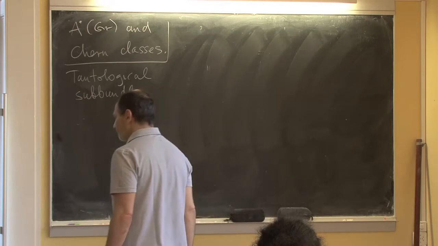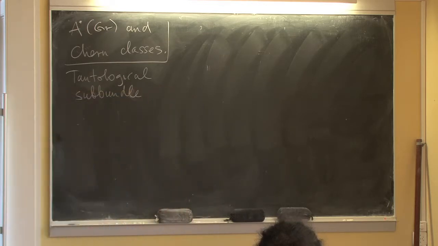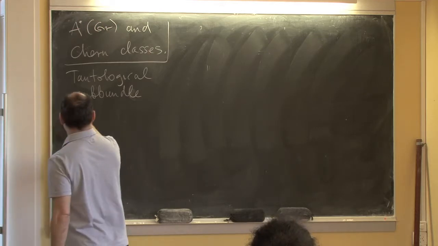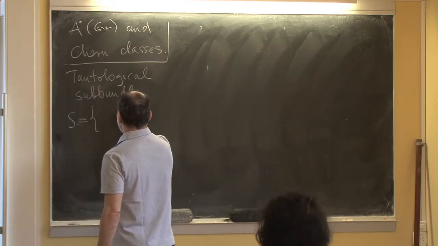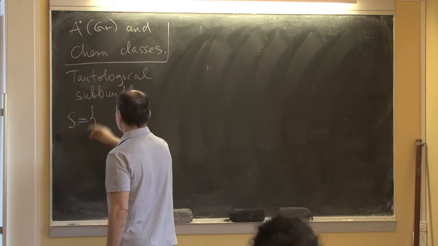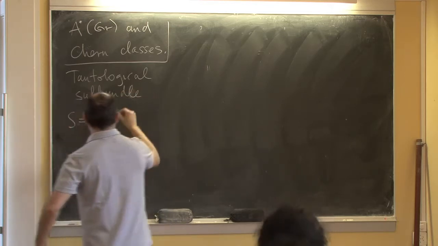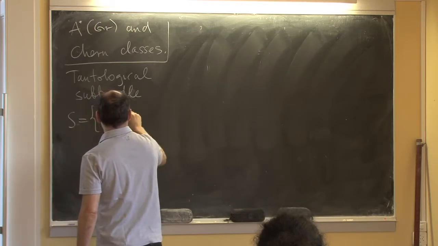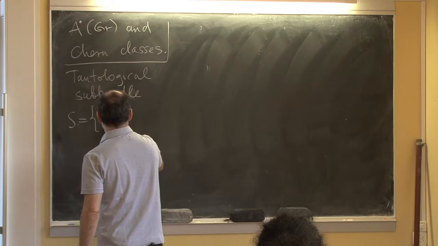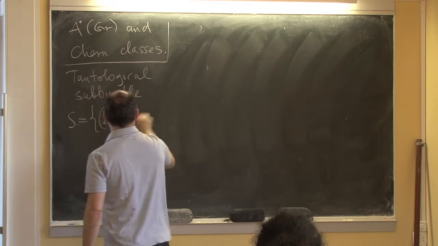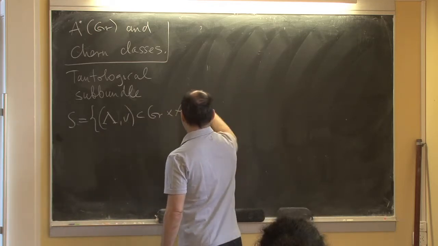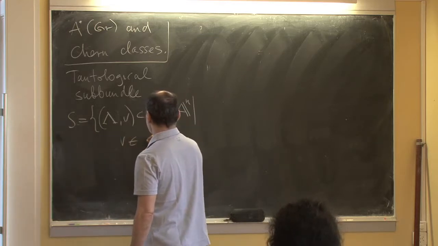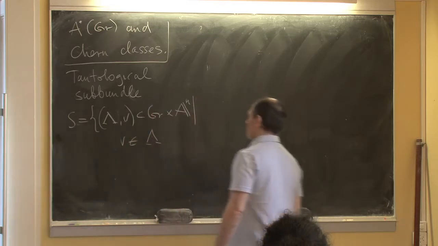So the subbundle S, we remember, is just defined this way: it's a pair of lambda and V in the Grassmannian cross A^N, such that this is the incidence, right? V is in lambda. This was our tautological subbundle.